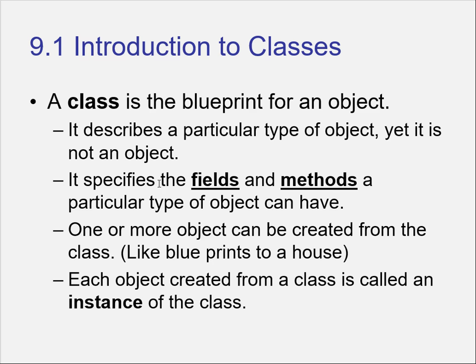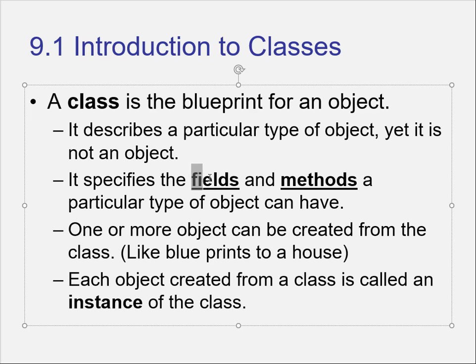Some of those pieces are things like: does the object need to have fields? Do you store information on it? Can it do something? Does it have methods? Does it have properties that we can add, or event handlers? These are all key pieces of the class, and they are referred to as members of the class.